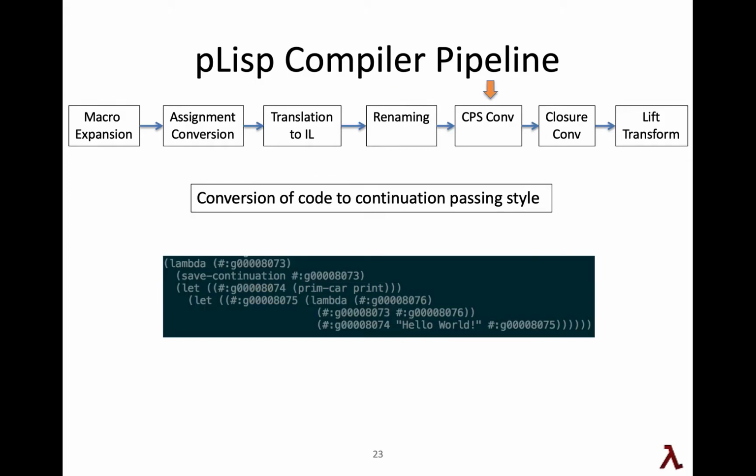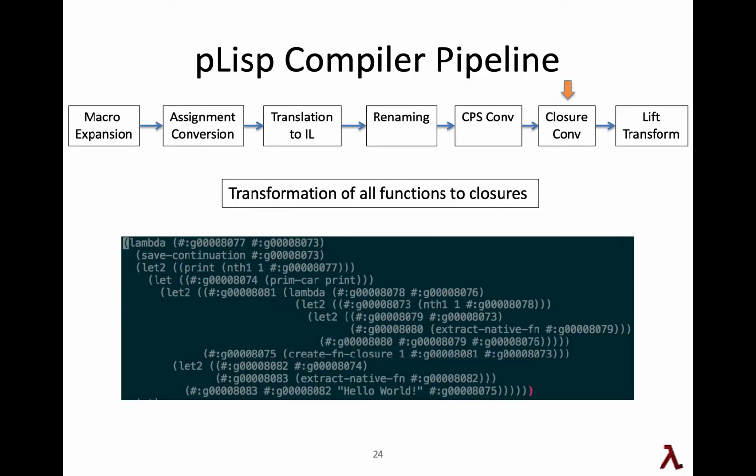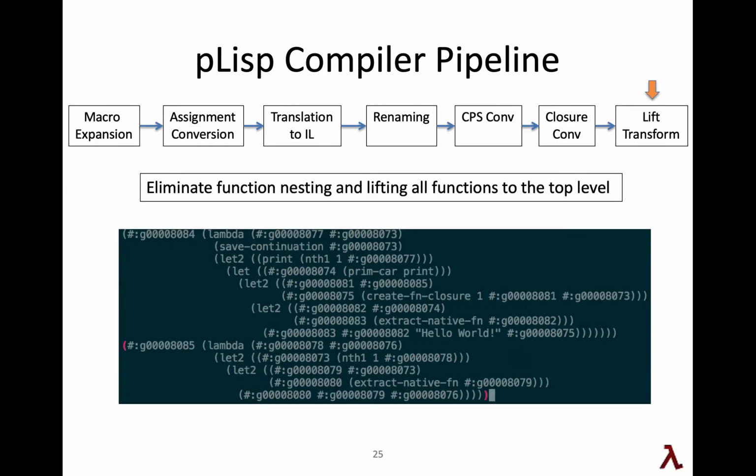And next comes the CPS conversion, which will be the focus of this talk, where you convert the code to continuation passing style. This is followed by a closure conversion, where all the functions are converted to closures, and they start carrying their environments with them. And finally, we do a lift transformation, where we eliminate function nesting, and all the functions are taken to the top level.